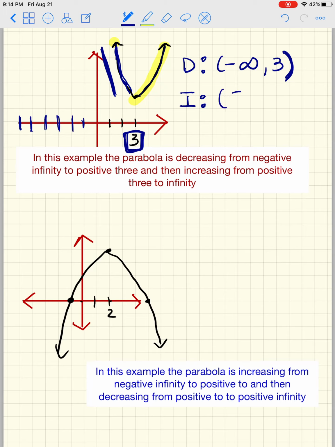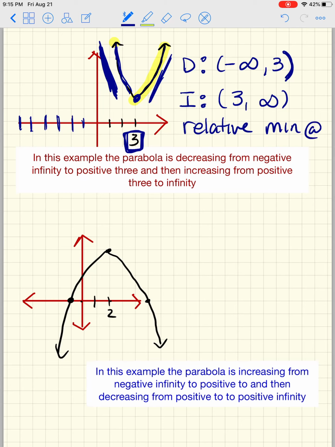Now, guys, if you go from decreasing to increasing, you're going to hit a low, right? Right now, we can tell that there's a minimum at 3. So we say there's something called a relative minimum, and it's going to be at x equals 3.